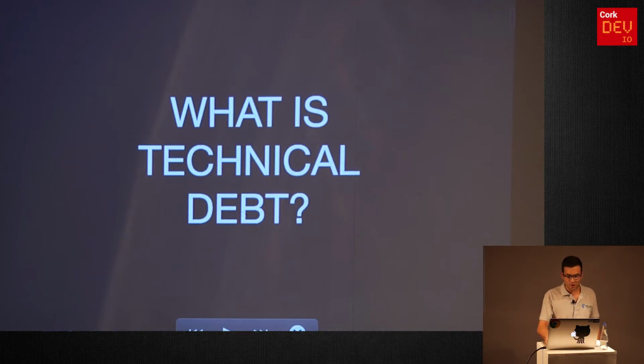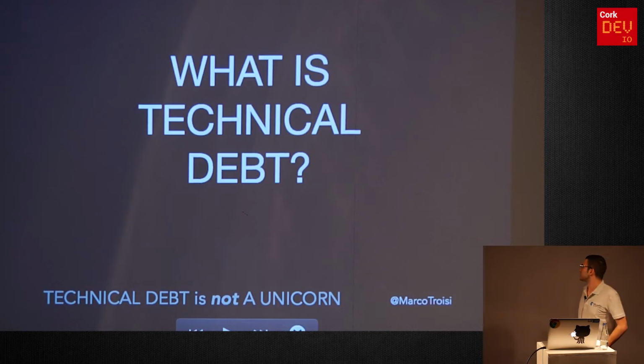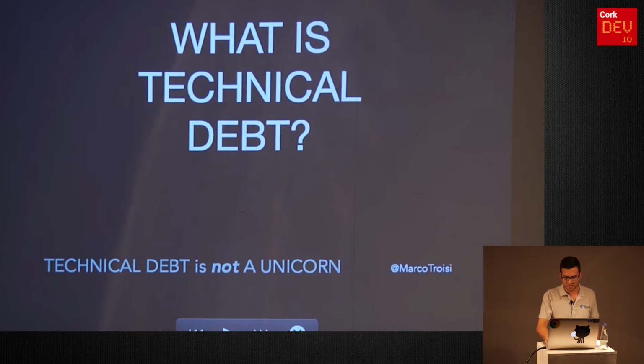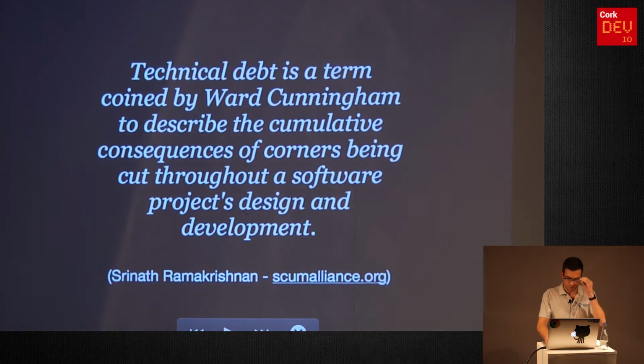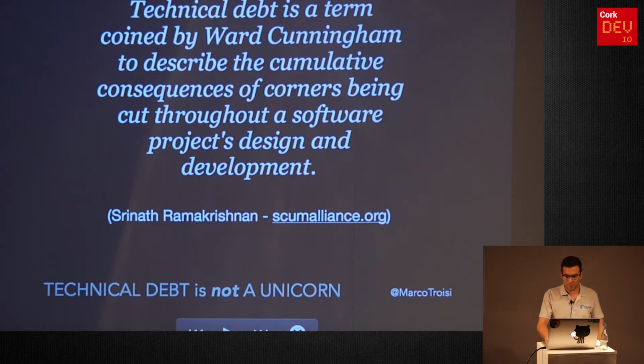Now, before we move on, a good question to be answered is what exactly is technical debt? Let's try to define it together. I've got a couple of quotes which I'm going to read for you.